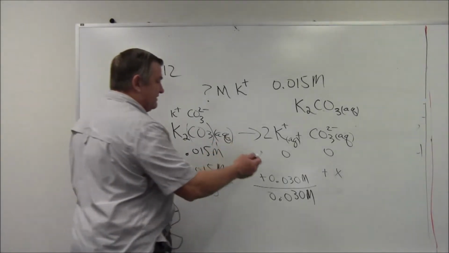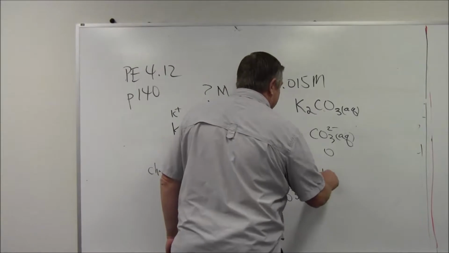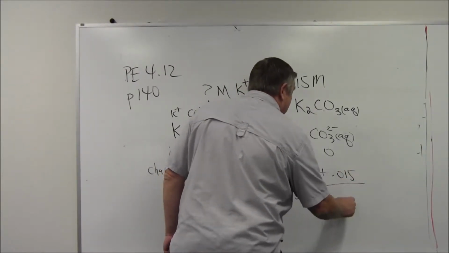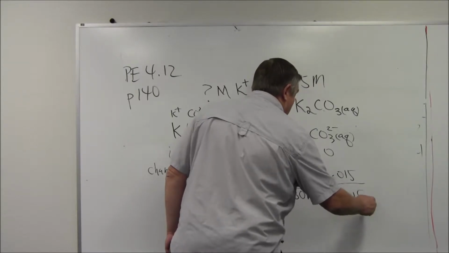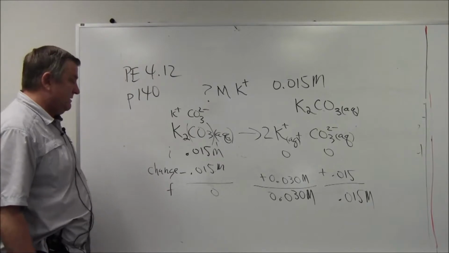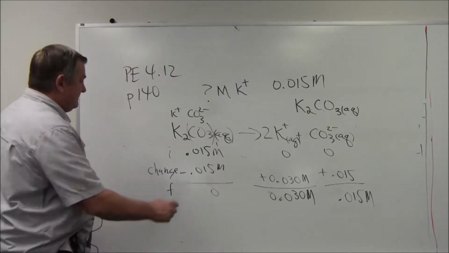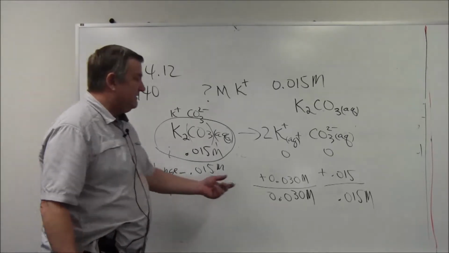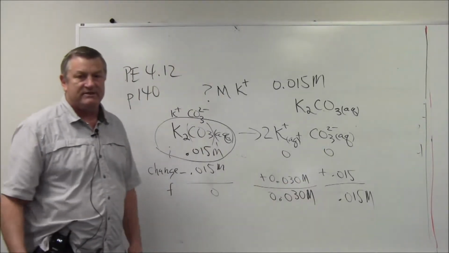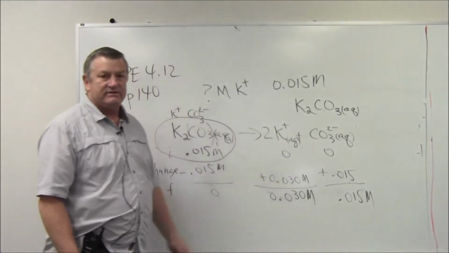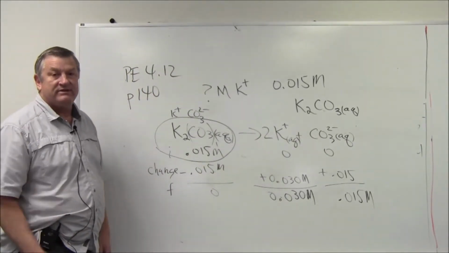And they didn't ask for this one, but this one's just x, so it's going to be plus 0.015, but just in case they did, that'd be 0.015 molar. And so we're going to label it like this. Then they know that you can get the individual concentration of ions by using the x things. They're proportional to the balanced coefficients when it ionizes or dissociates.